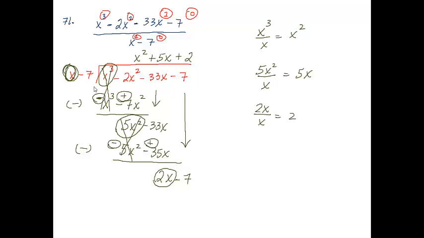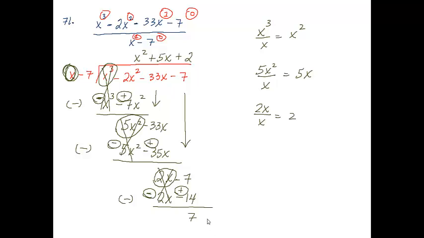And then every term in your divisor is going to be multiplied by the 2. So 2 times x is 2x. 2 times negative 7 is negative 14. And then we're going to subtract. Be sure to change the signs. 2x minus 2x, well, that cancels out. Negative 7 plus 14 is 7. And then we notice that 7 will not be divided by x evenly.